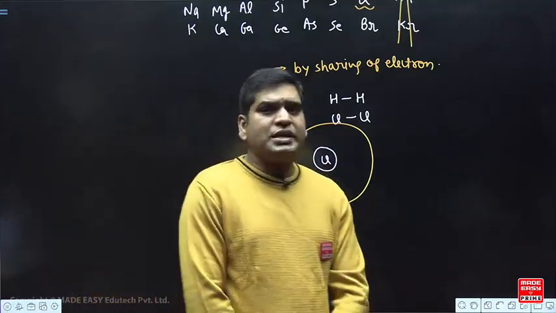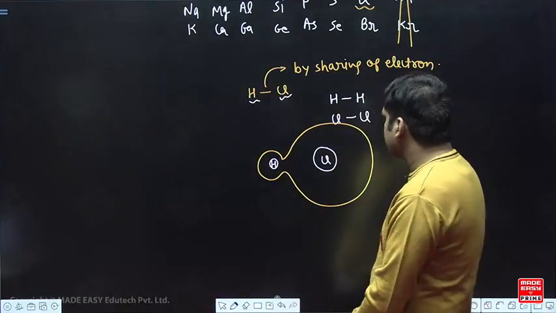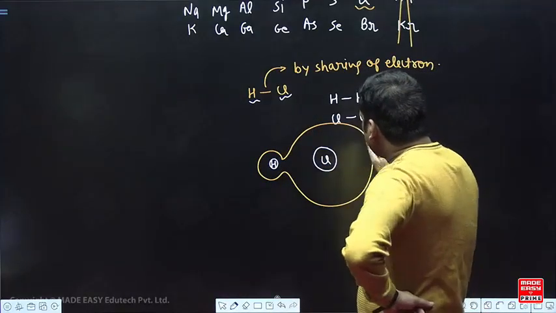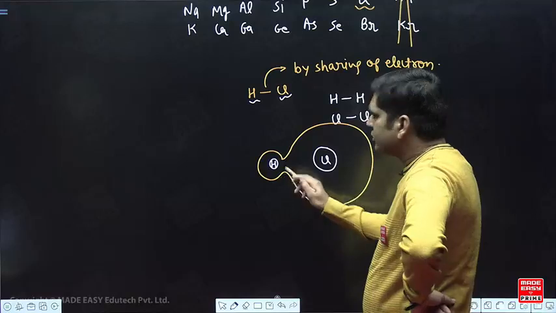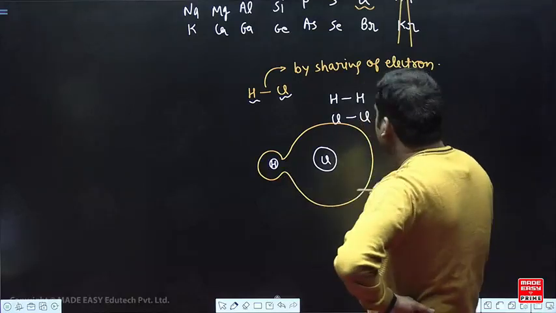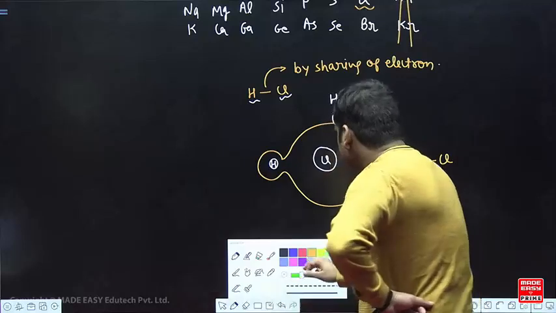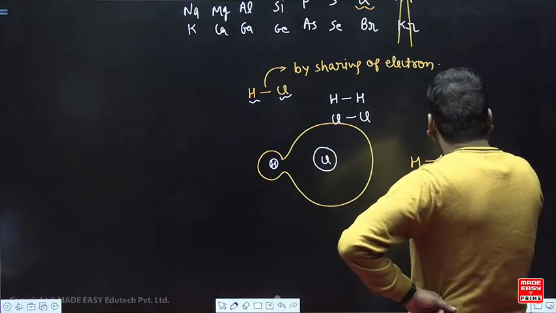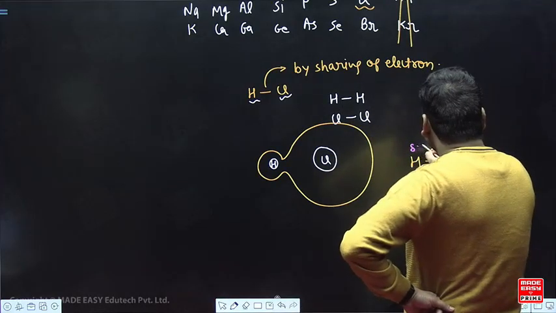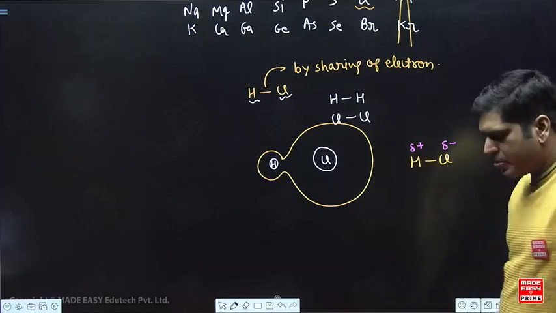So although sharing is taking place, chlorine has the electron most of the time and hydrogen less of the time. So we can say that in HCl, chlorine is relatively negative, partial negative, and hydrogen is relatively positive.